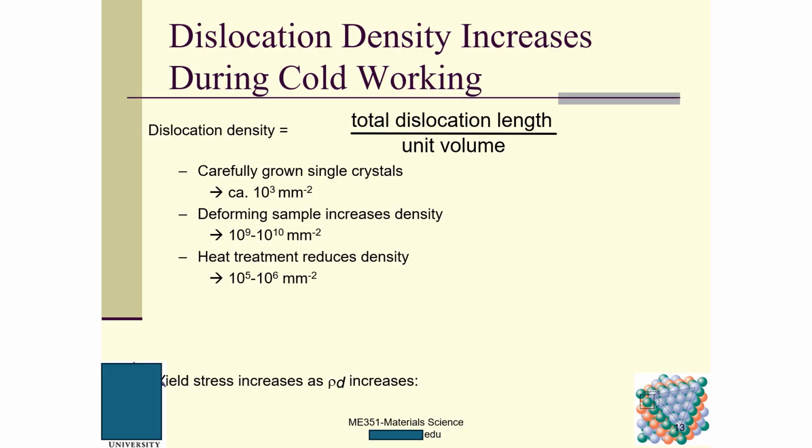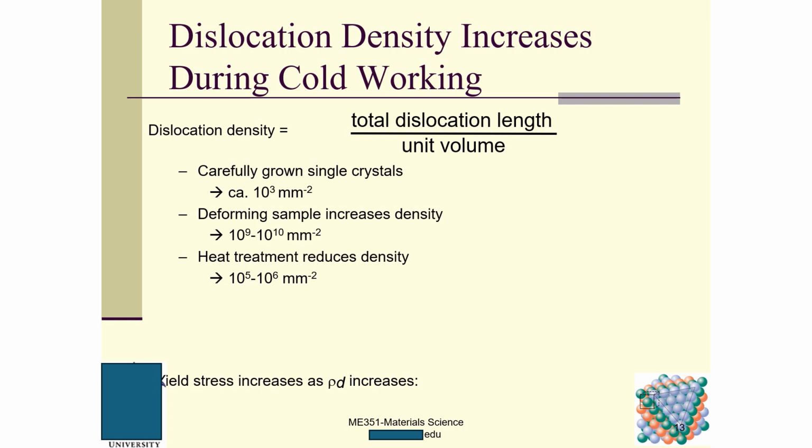Dislocation density increases during cold working because the volume is changed, right? Dislocation density equals total dislocation length per unit volume. This is the length, because a dislocation is defined as the edge of a half plane.